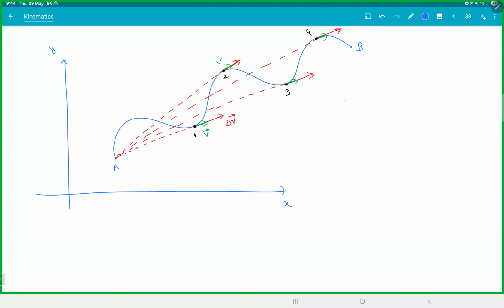So this is how you do this. Draw tangents from point A. Starting from A, start drawing lines. And whichever lines become tangent to the curve, those are the points where the velocity and average velocity are parallel.